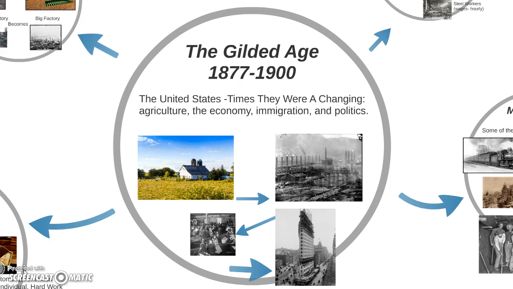You see a farm, you see a factory, you see immigrants in the lower left, and then you see a picture of New York City around 1900. I think this traces the changes that occurred in the late 1800s in farming and agriculture, in industry, and in immigration that changed our country, who we are.